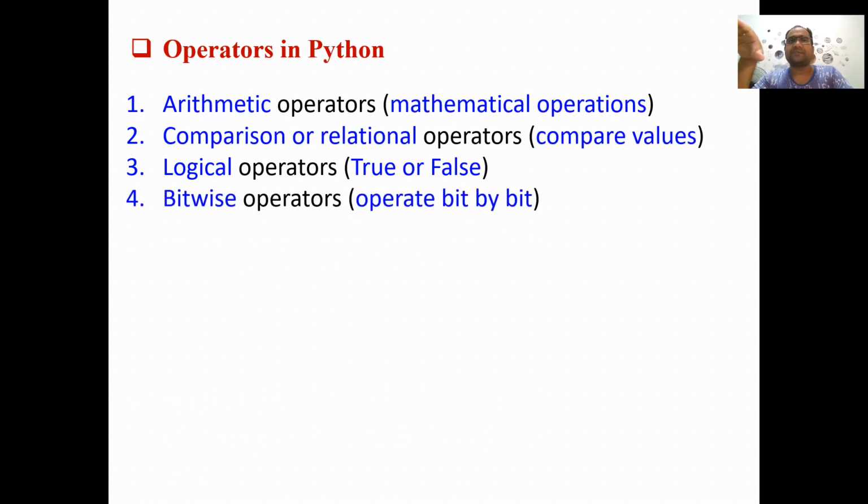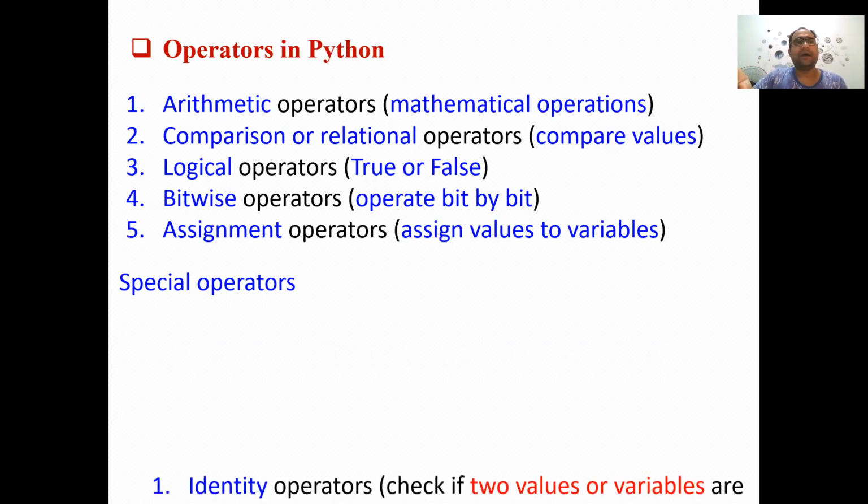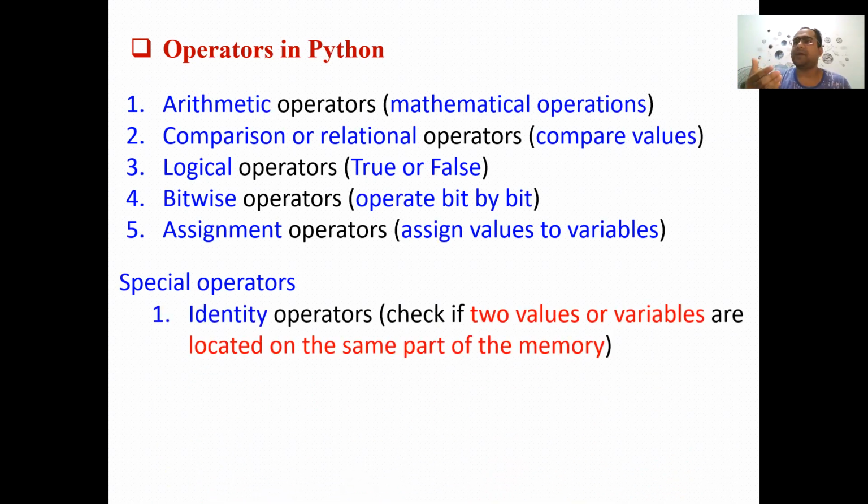Then bitwise operators operate bit by bit. I will talk about them later one by one. You can check the schedule. Just tonight I will give the list of operators and we'll practice the arithmetic operators. Then we'll go one by one in detail, right? With practical examples. Then we have the assignment operators, which assign values to variables. Then in Python we also have some special operators like identity operators.